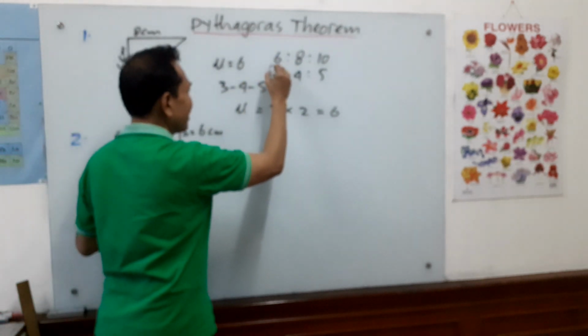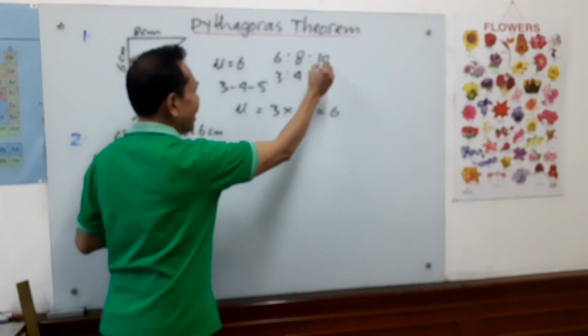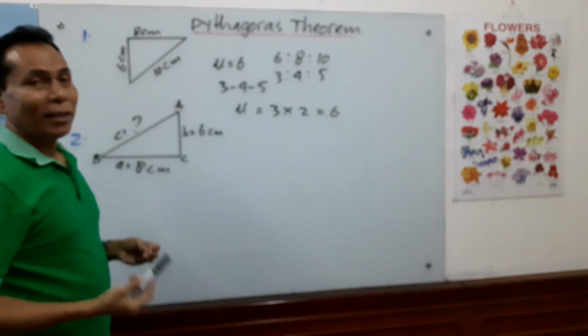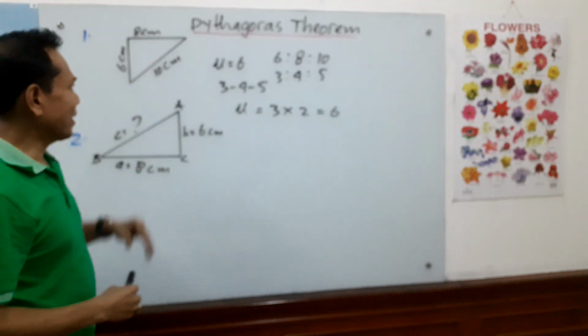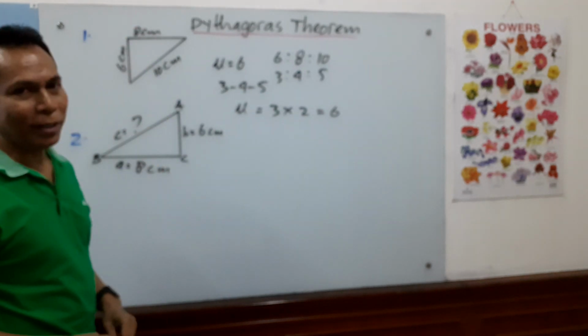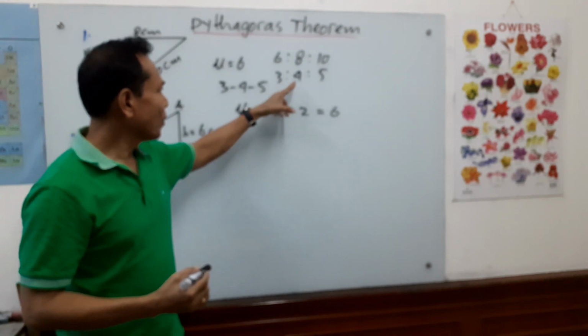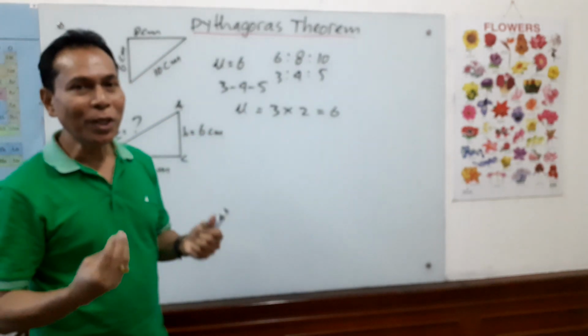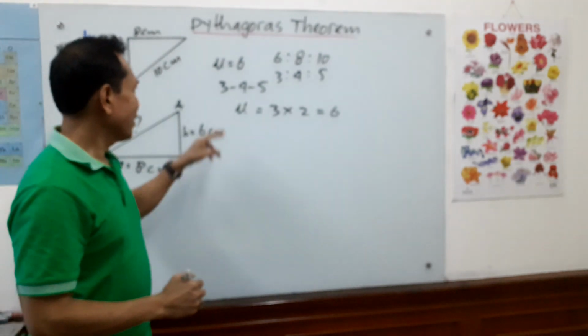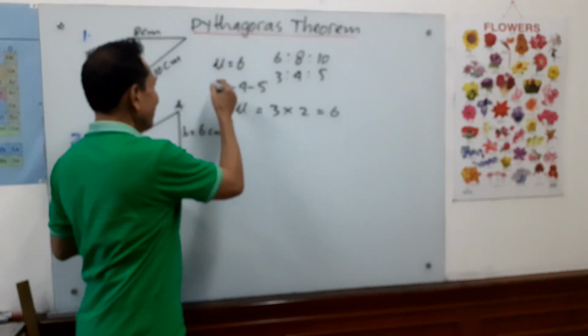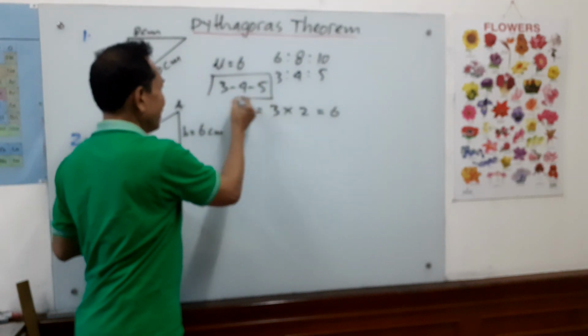So 6, 8, and 10, that's the ratio of the given sides here. You have it incomplete. We divide by 2, we have 3, 4, 5. So this method fits this 3, 4, 5 triangle.